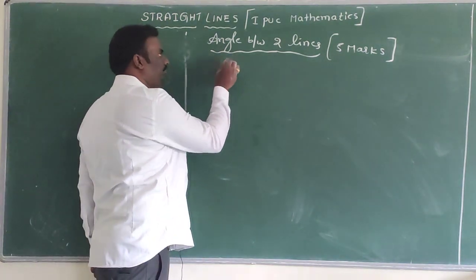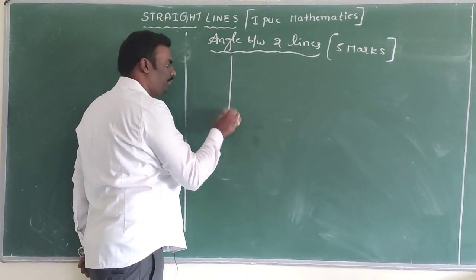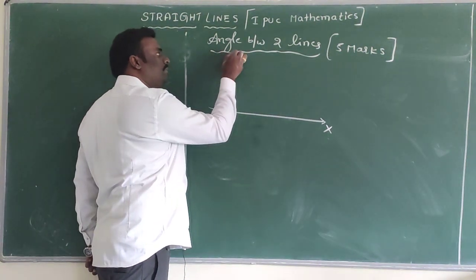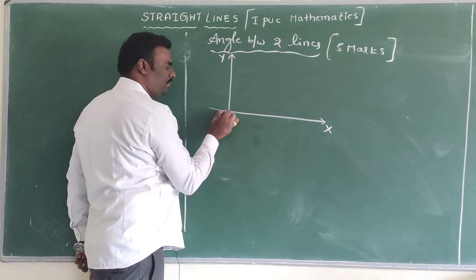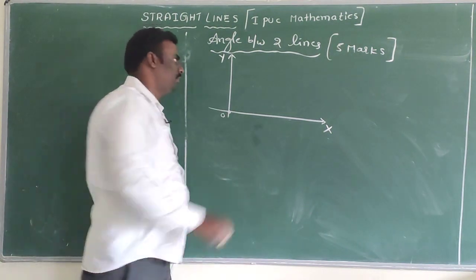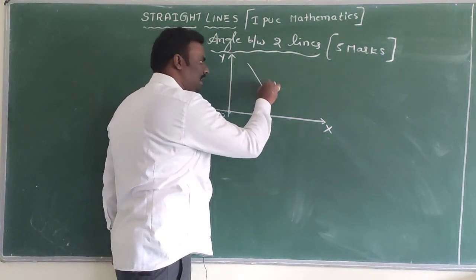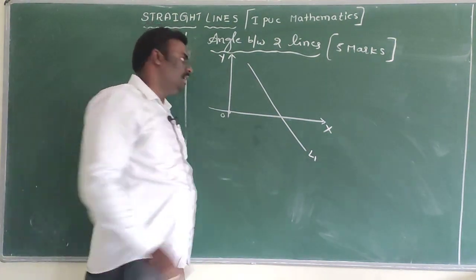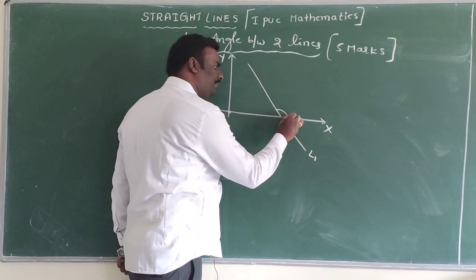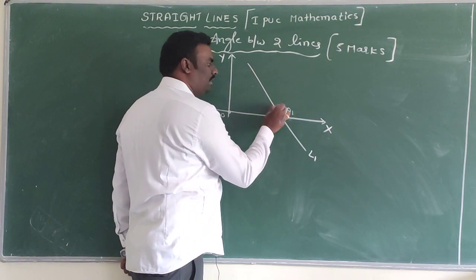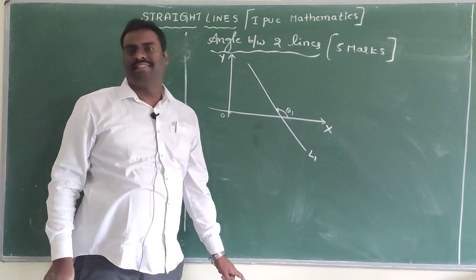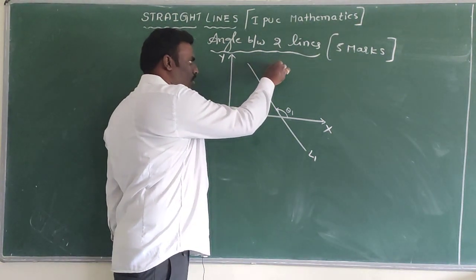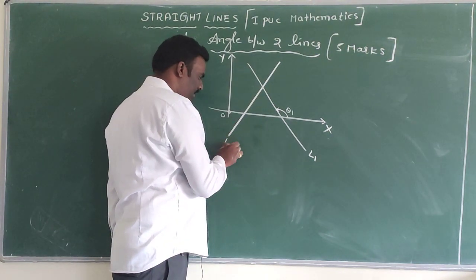First of all, take the coordinate axis, x-axis and y-axis, and this is origin. So first I am taking a straight line. This straight line name is L1. It makes an angle theta 1 with positive x-axis in anti-clockwise direction. Now I am taking one more line, that is L2.